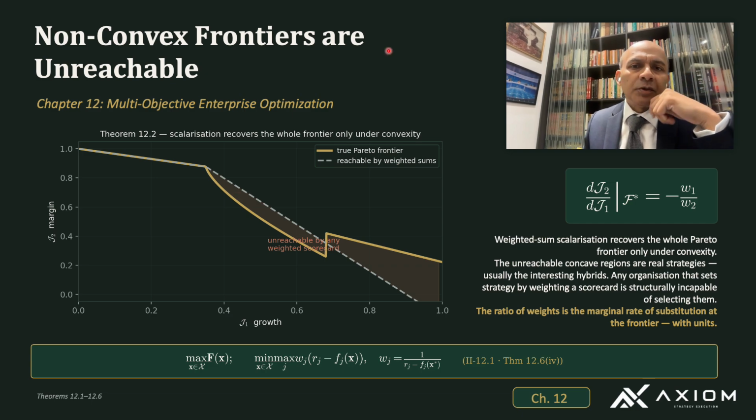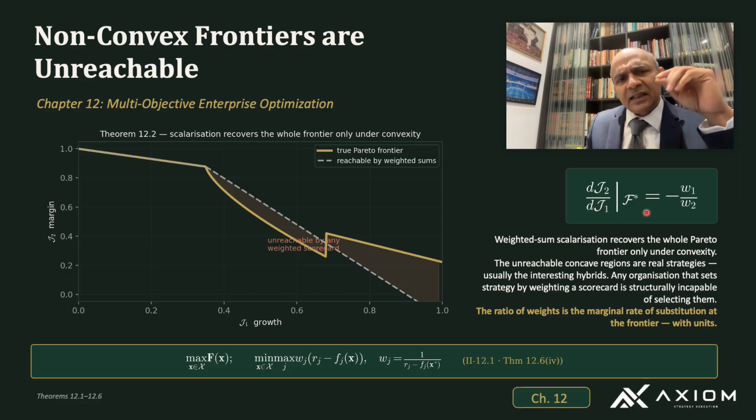Now, this equation on the right says that at a point on a Pareto frontier, the slope of the frontier equals the negative ratio of the objective weights.